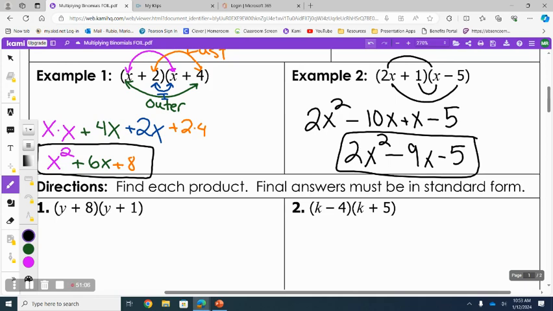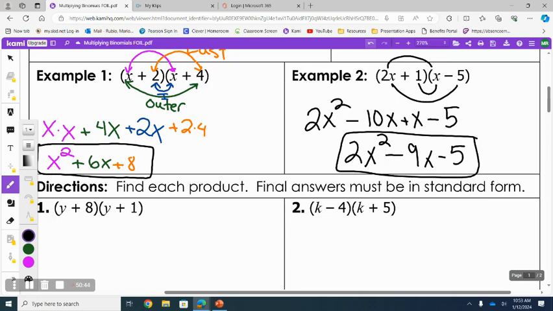This box is what's to the left and what's above it, so minus 5 times 2x is negative 10x, and then I've got the x. And this one is negative 5 times 1, which is negative 5. Okay, so you're going to see we get the same terms just in a different order.